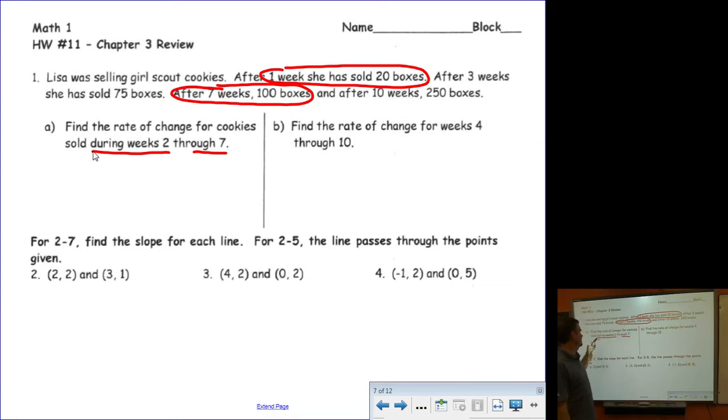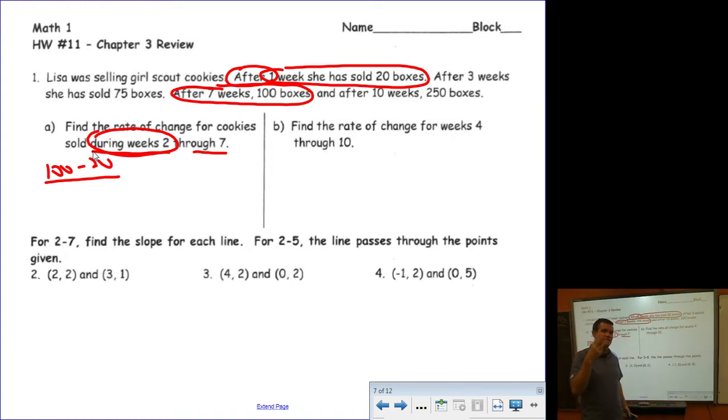But the fact is, during week 2 would be boxes sold starting at the end of week 1, starting after week 1, right? So what I did was I did 100 minus 20, and I counted up the weeks, right? Week 2, 3, 4, 5, 6, and 7.